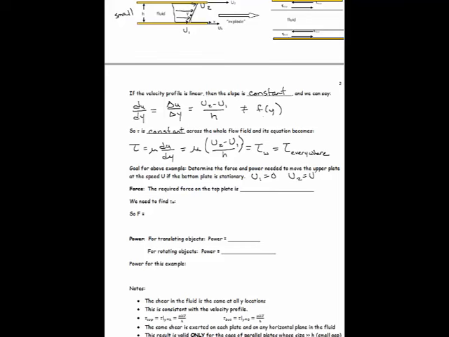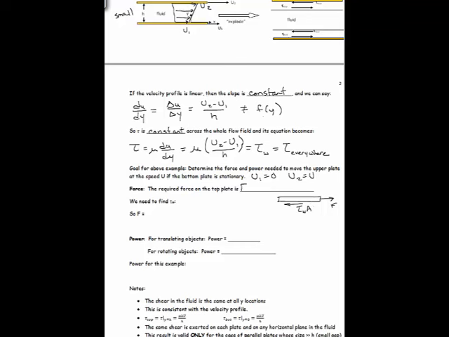If we do a free body diagram, which you should always do, we're trying to find that force, and what is counteracting that force is the shear stress down here. But it's not just the shear stress, because that's force per area, so it's the shear stress times area to give you the total force on that whole wall.